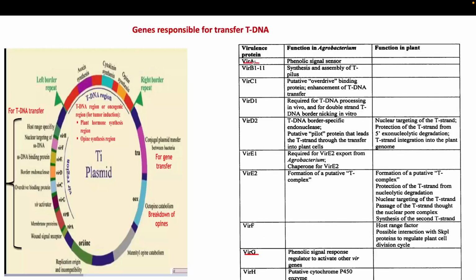The vir A gene is a phenolic signal sensor, and vir G is an inducer for other vir genes; it activates them. Second is vir B, which has 11 genes, vir B1 to B11. These participate in the formation of the channel or complex, the synthesis and assembly of the T pilus.